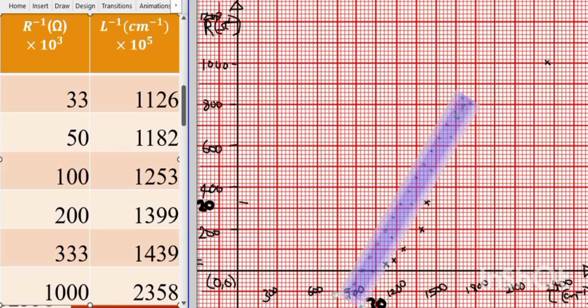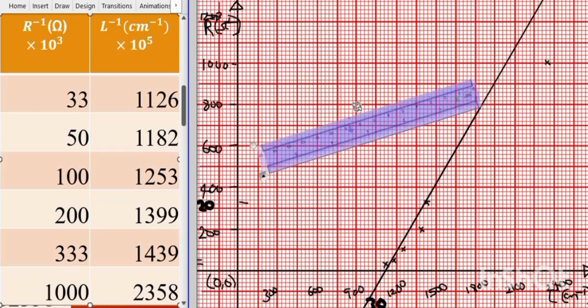Okay, let's try this. So this is your graph.